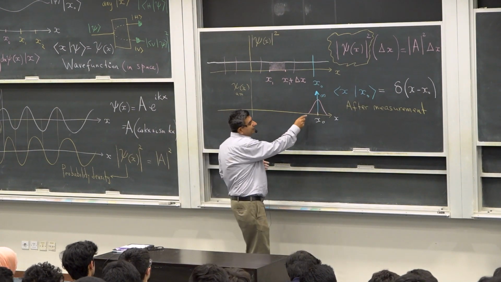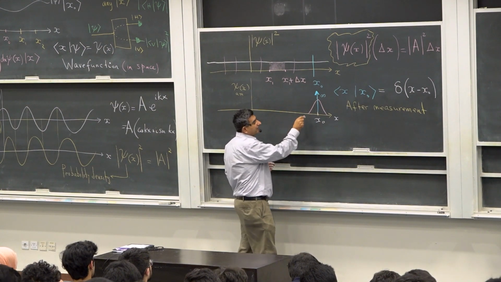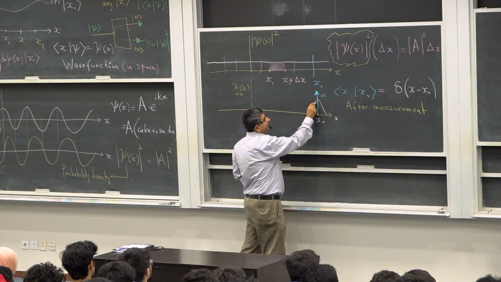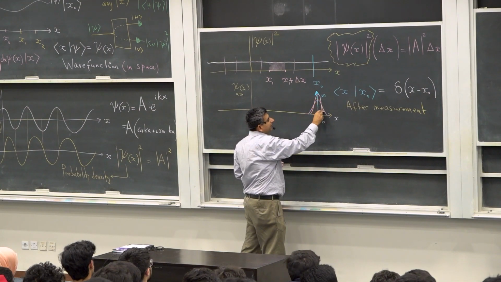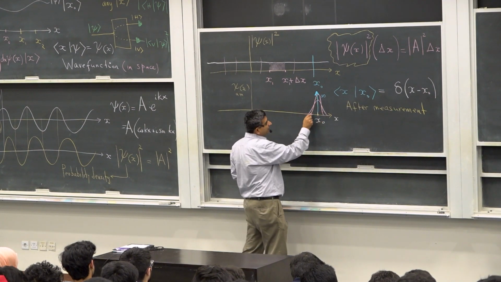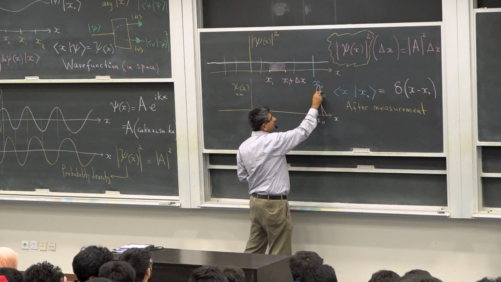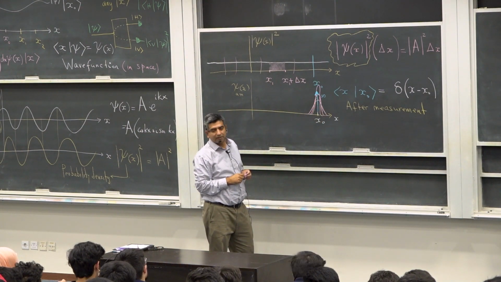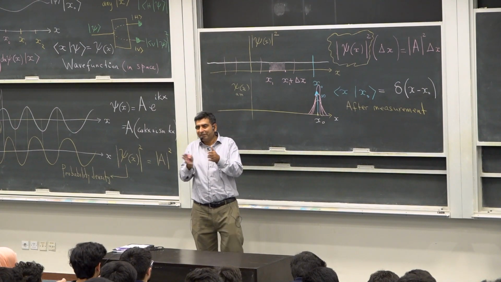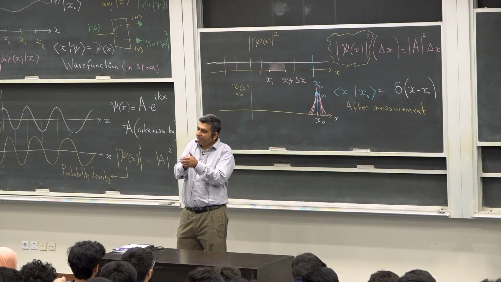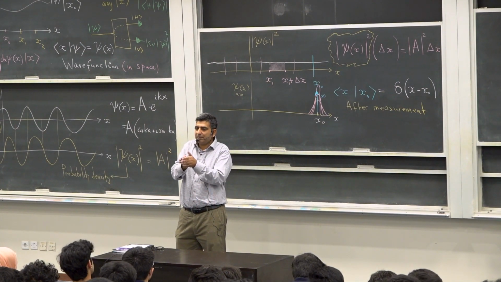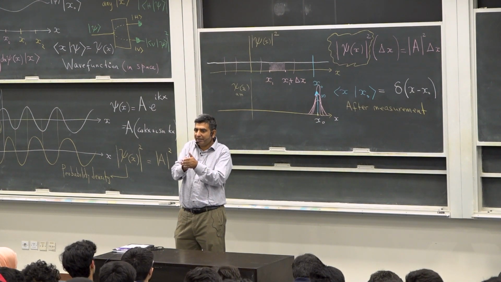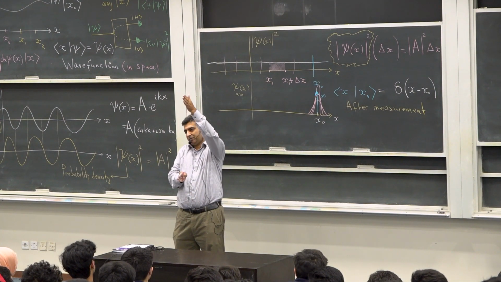Now if I compress this and I want to keep the area the same, if I compress this function, it will get taller, right? If I compress it further, it will get even taller. Taller and taller. So I keep on compressing it so that I compress it to just one point. Then asymptotically in that limit, this function must go to infinity.